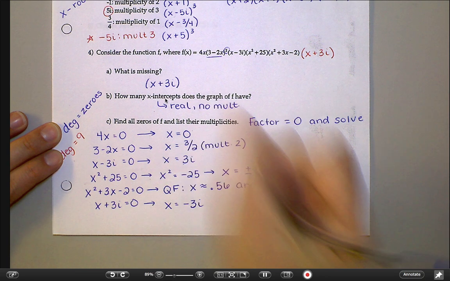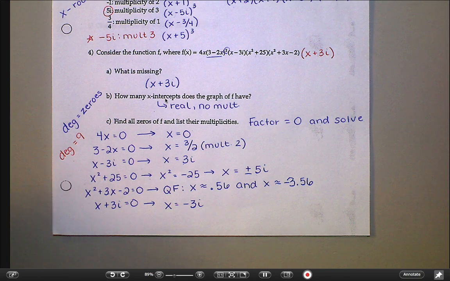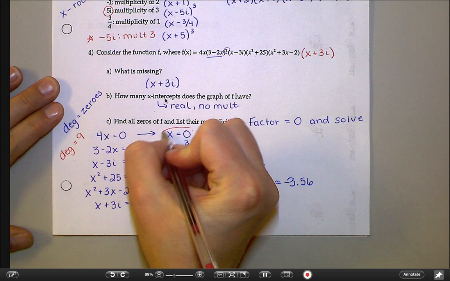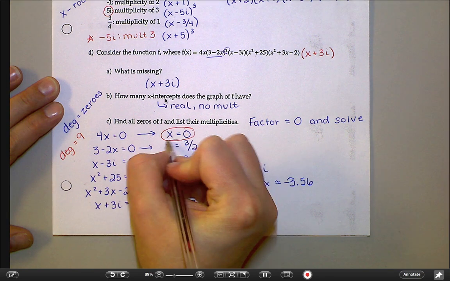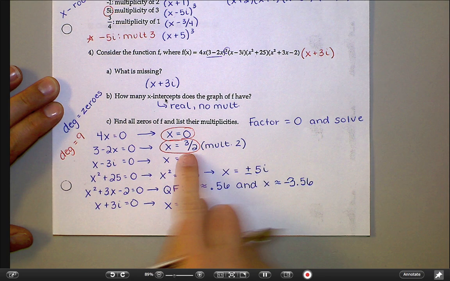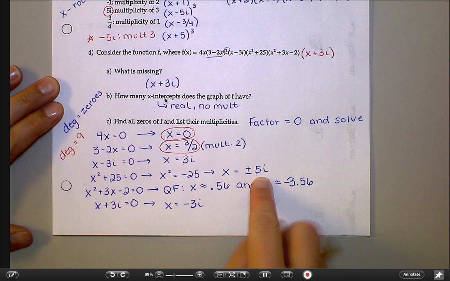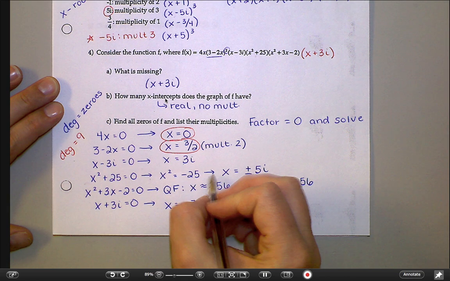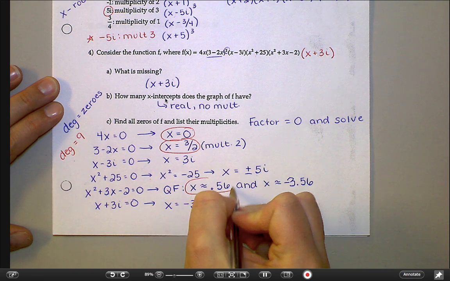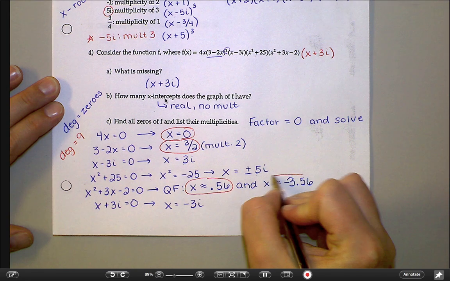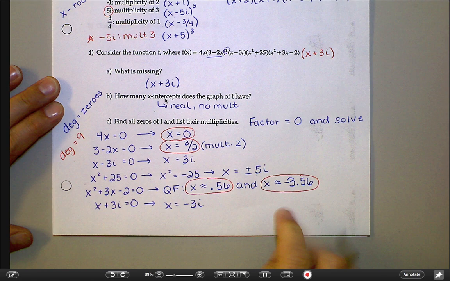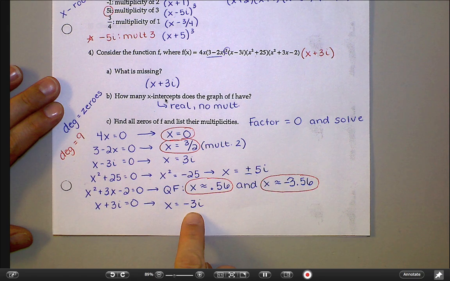So in terms of counting up my x-intercepts, 0 would be an x-intercept, 3/2 would be an x-intercept, but I only count it once. That's imaginary. That's imaginary. These aren't pretty, but they are real. These are actual places on the x-axis that we would cross. And then that's imaginary.